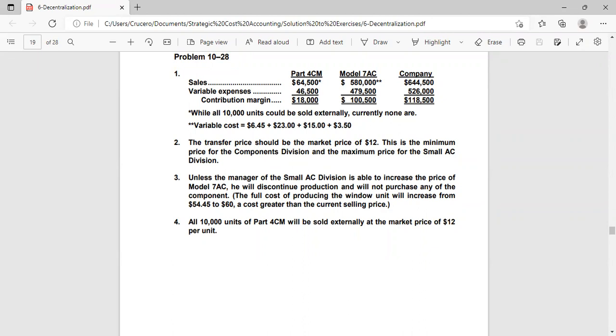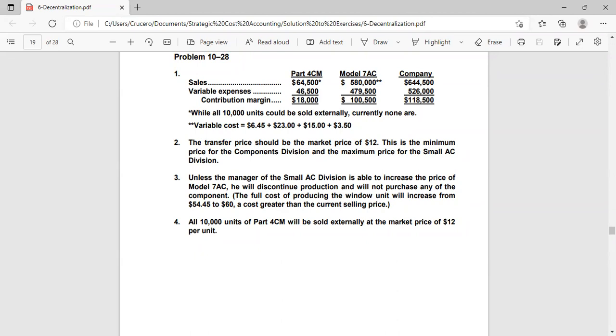So we now get the total and multiply by 10,000 units. So we get 580,000.